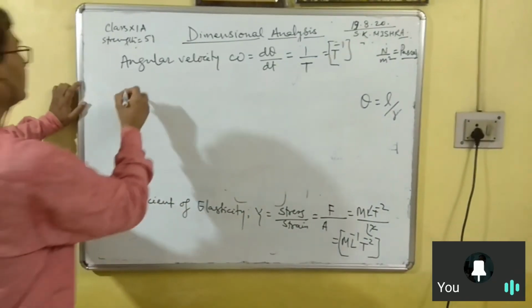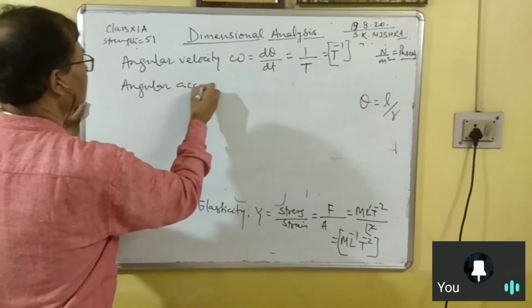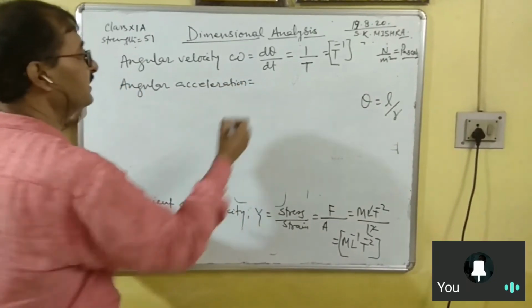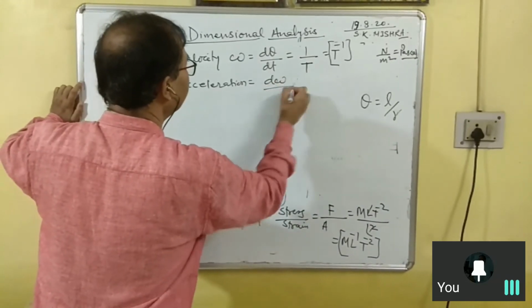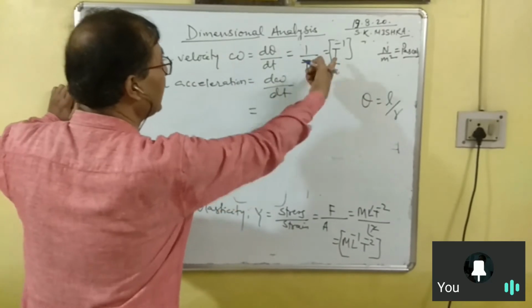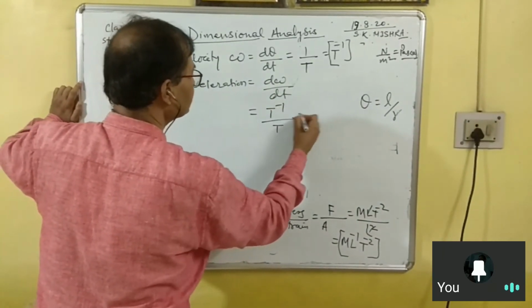Now we are talking about angular acceleration. Angular acceleration is the rate of change of angular velocity, that is d omega by dt. What is the dimension of omega? Omega is T to the minus 1, divided by again T, so it is T to the minus 2.